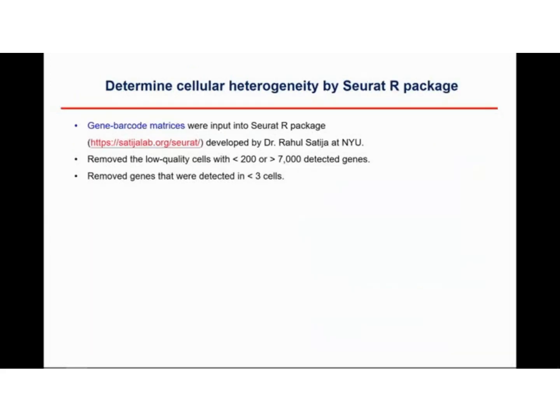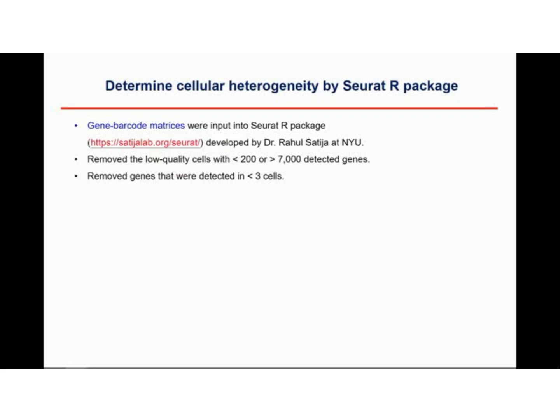So first, I would like to talk about how we determine cellular heterogeneity by the Seurat R package. The gene barcode matrix we obtained, we will then input into Seurat, which is an R package developed by Satija from NYU. And R is a programming language that comes with a free editing environment.